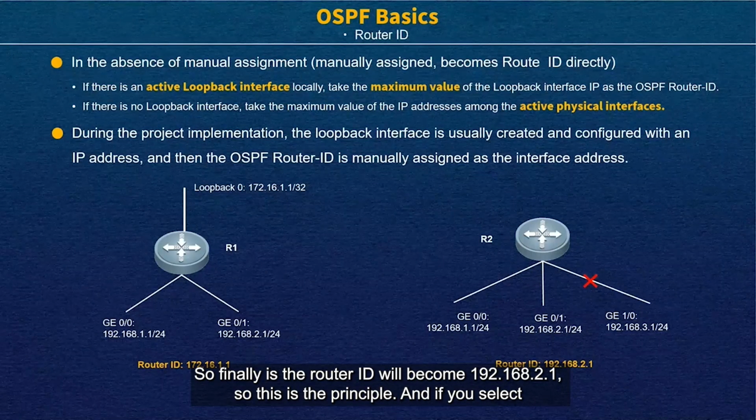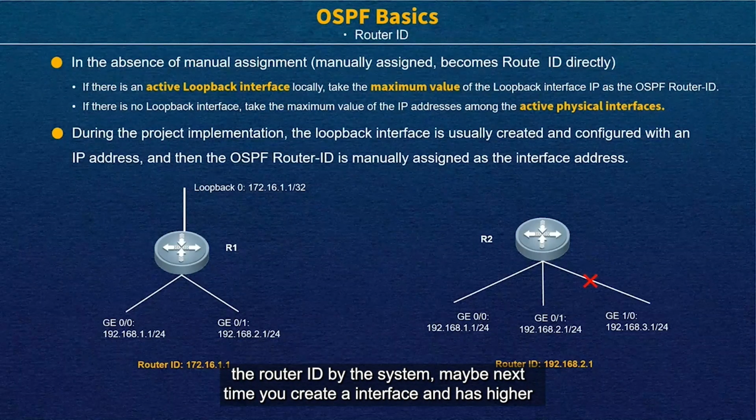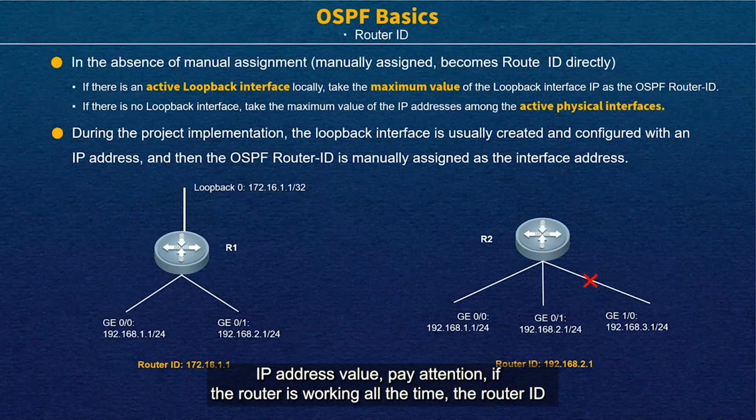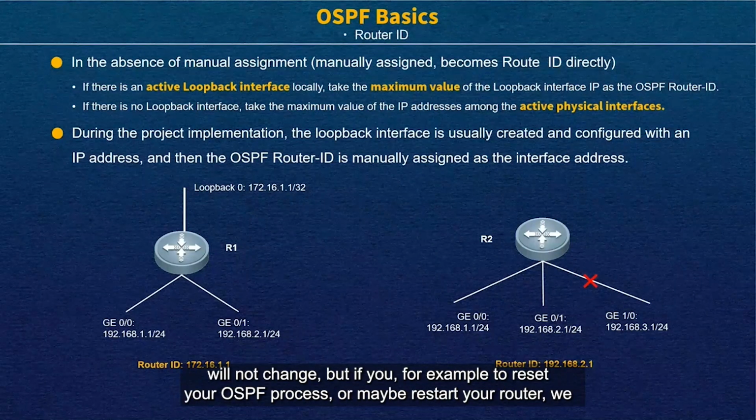And if you let the system select the router ID, maybe next time you create an interface that has a higher IP address value. But pay attention: if the router is working all the time, the router ID will not change.